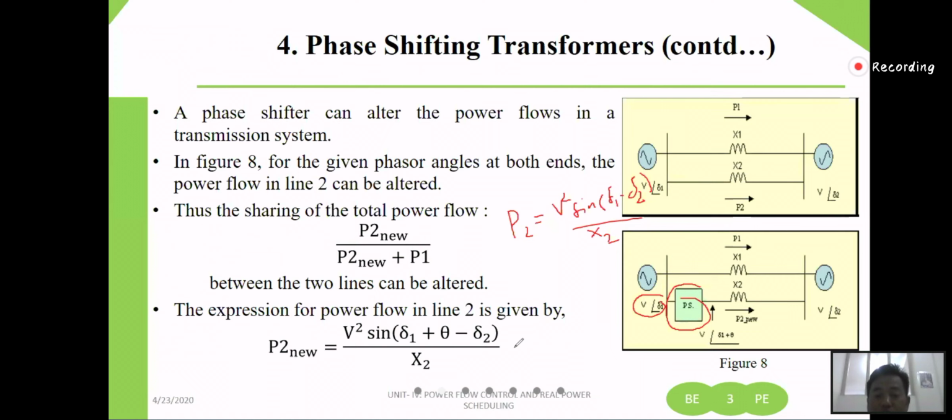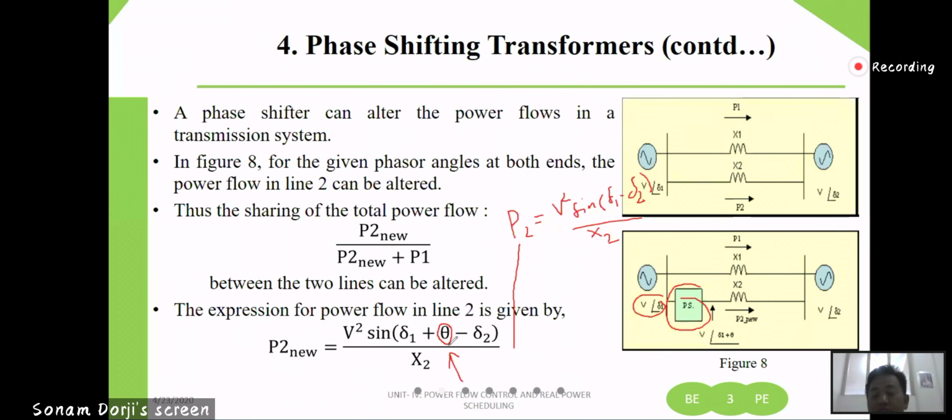So the difference between your earlier power P2 and the new P2 is this phase shifter. Power flowing in line 2 will be determined by the value of theta. Earlier we didn't have a theta, but with the introduction of the phase shifter, the power flowing in line 2 will change to P2 new, given by V square sine of delta 1 plus theta minus delta 2.